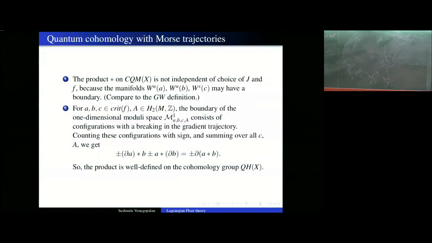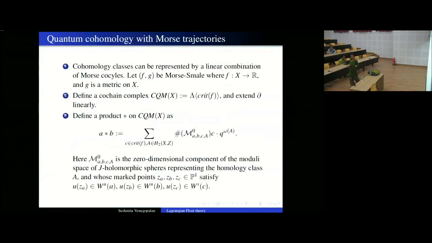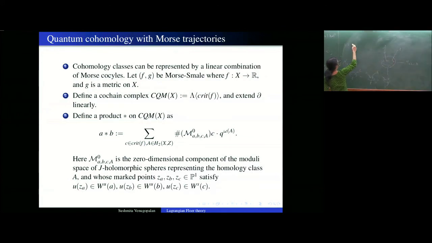Previous slide? Okay. U is... So I have 3 marked points on my sphere.